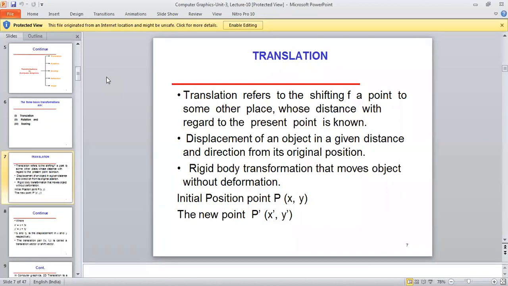Suppose we want to move from the initial point to the final point, it means we must have the initial coordinates as well as the final coordinates, and we must be aware of the distance, how much we are going to move, how much we are changing the direction and the position.